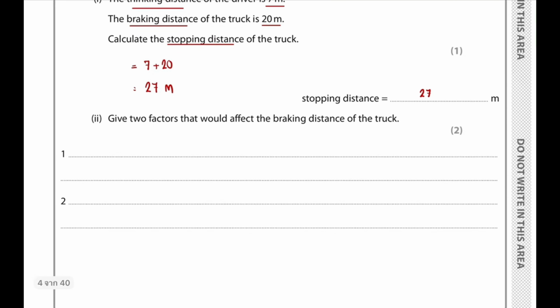Question B II. Give two factors that would affect the braking distance of the truck. First one is the mass or weight of the truck.